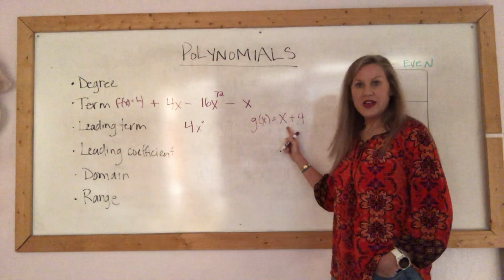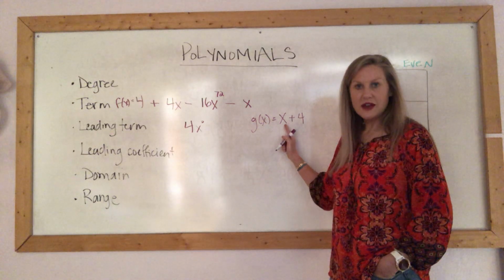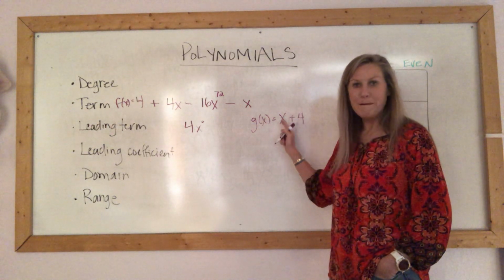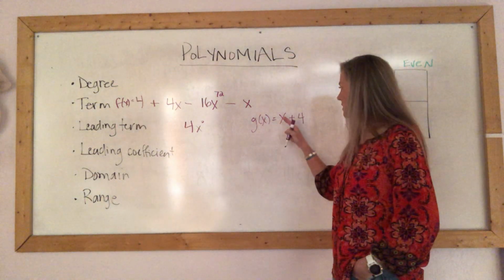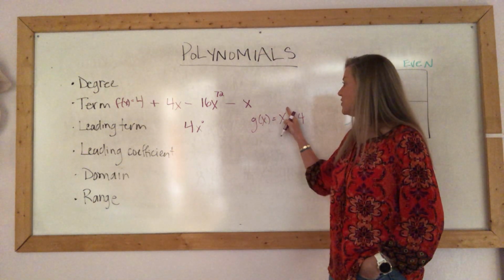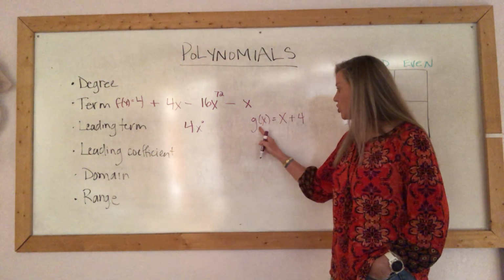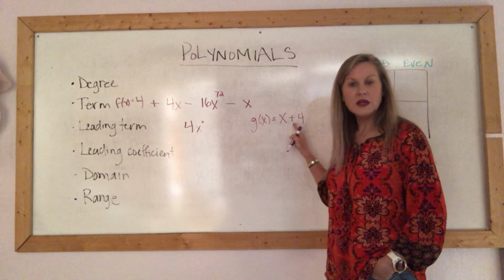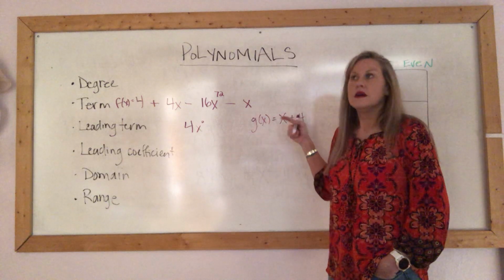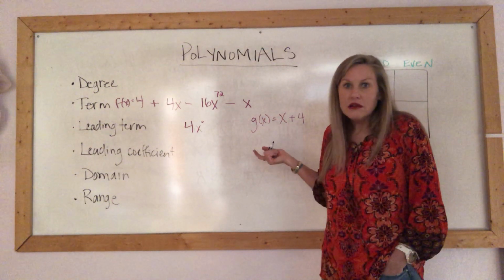The degree of this polynomial, I look at my variables, I figure out which one has the biggest exponent. Okay, well, I only have one variable, and his exponent, if I don't see it, it's an invisible 1. Therefore, the degree of this polynomial is 1. A first degree polynomial is a line. It makes a line.